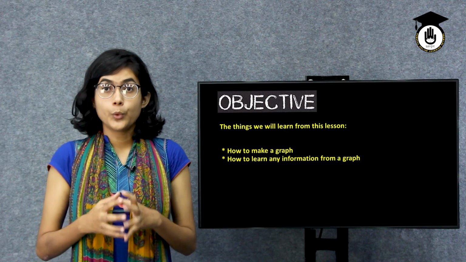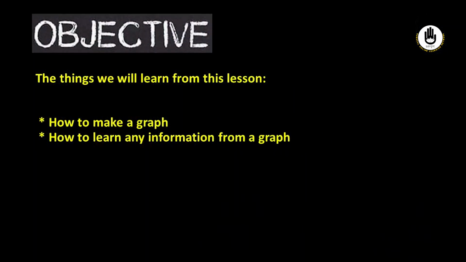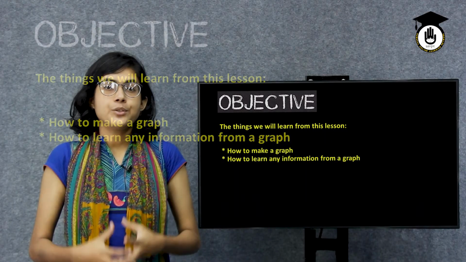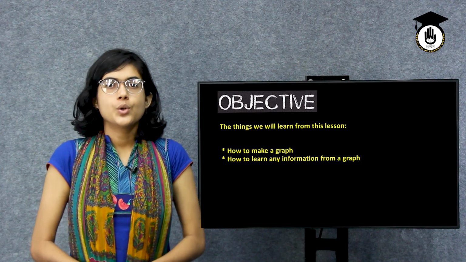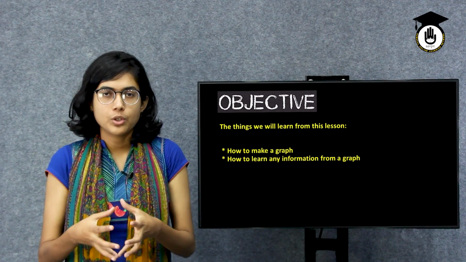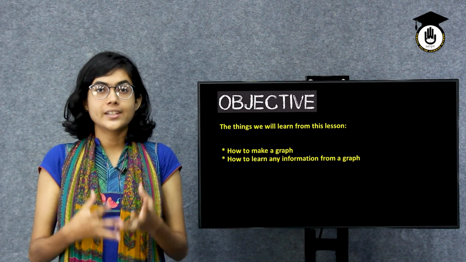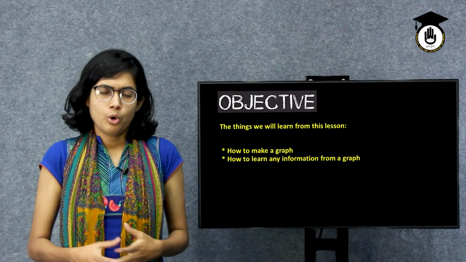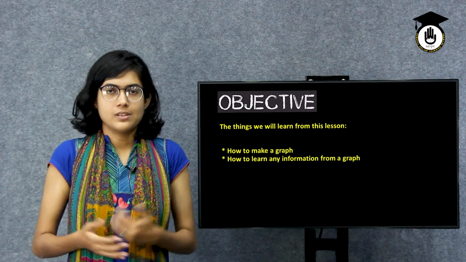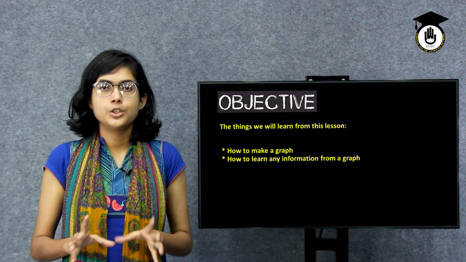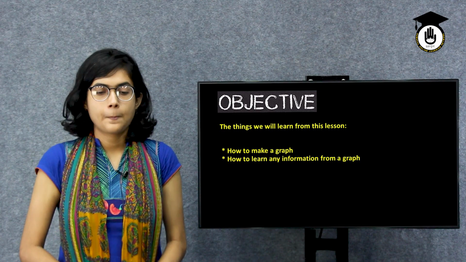First of all, we will learn how to make a graph. This whole lesson is based on a graph, and we will be talking about it. So we will understand the concept of graph, and also we can learn how we ourselves can make a graph. Or you can also talk about tables, right? So we will learn to make graphs or tables.